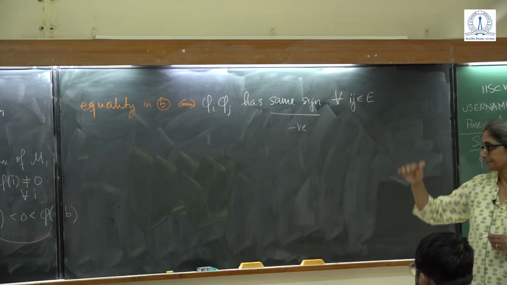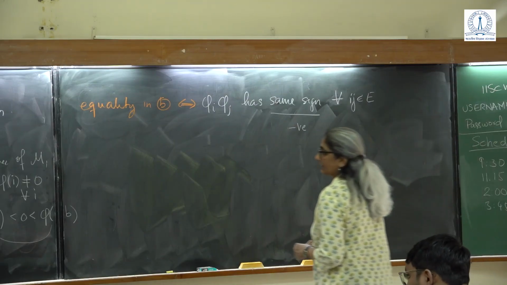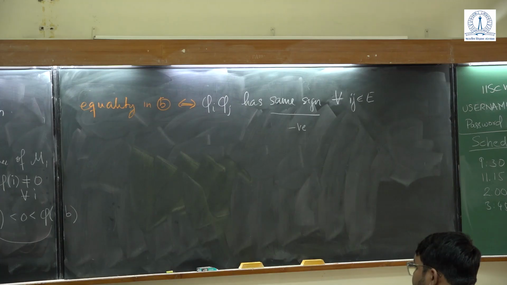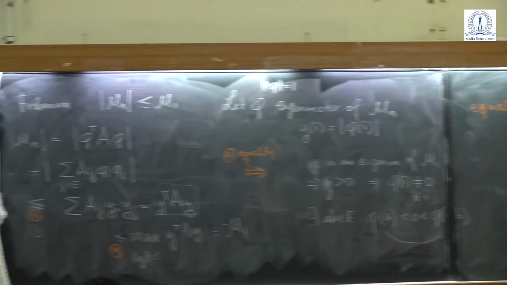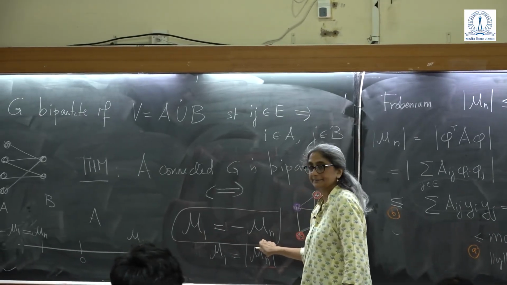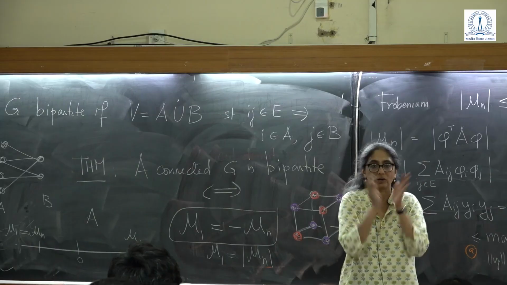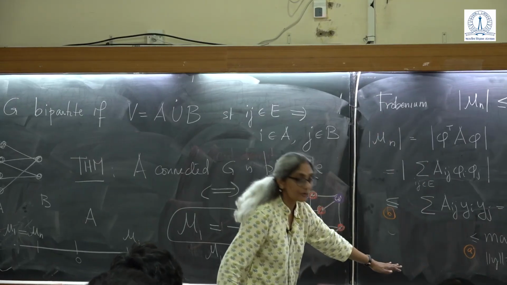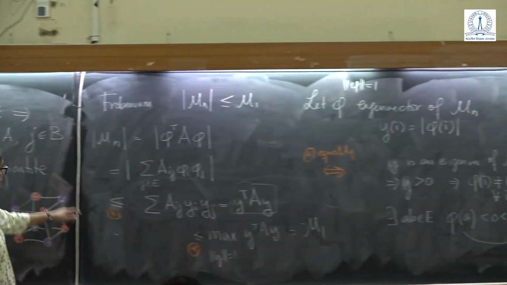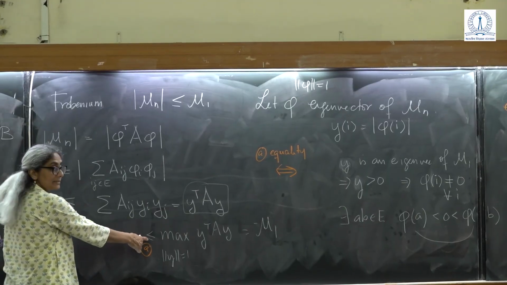Correct, because what is the theorem? So this is what we want to get to, right? And Frobenius only tells us that this is smaller, this is bigger than this. Okay? We're looking for equality. We see the proof of Frobenius, here it is, and if we want equality, these two have to be equal.